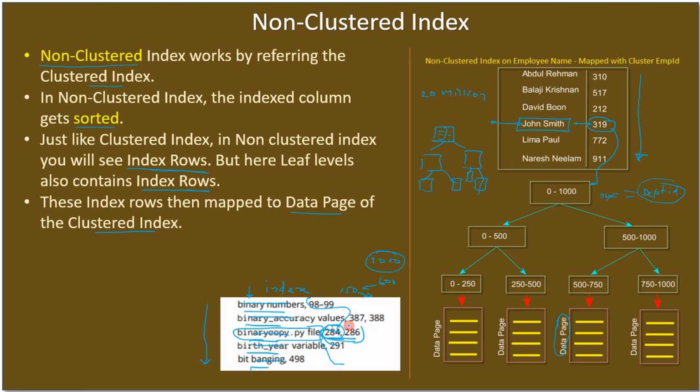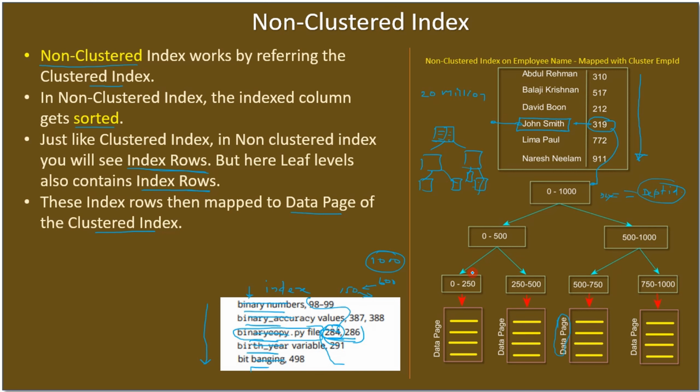After that, picking a specific index number, then taking that and traversing the clustered index intermediate nodes, thereby reaching the data page. So that's how a non-clustered index works with the clustered index.